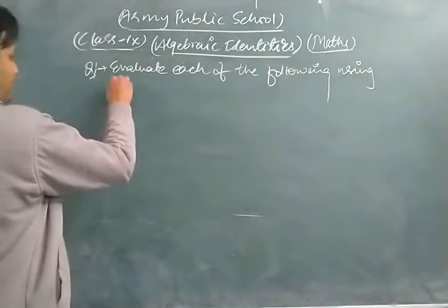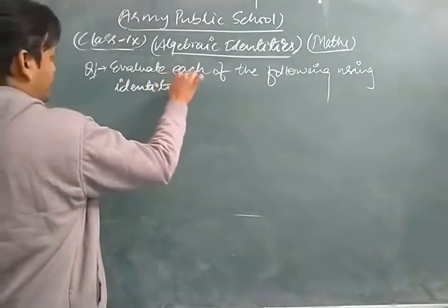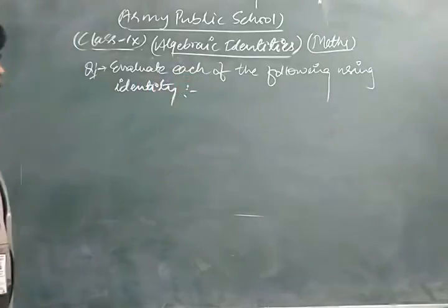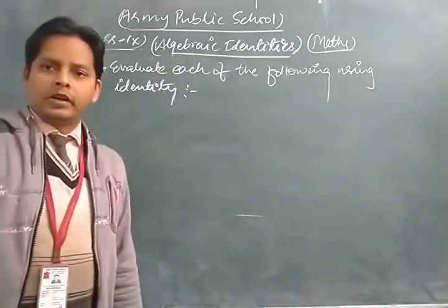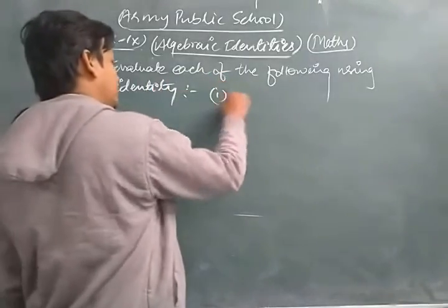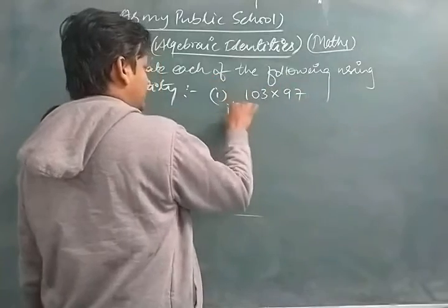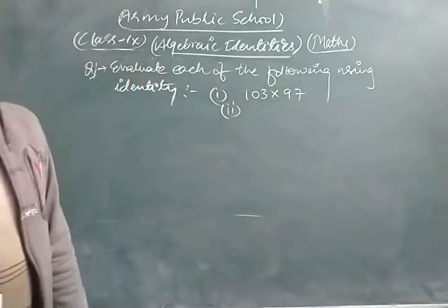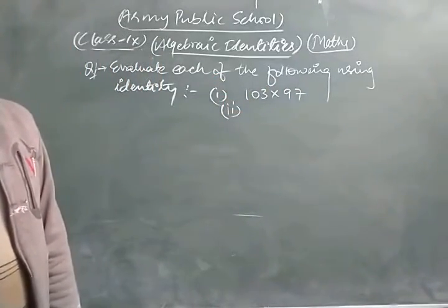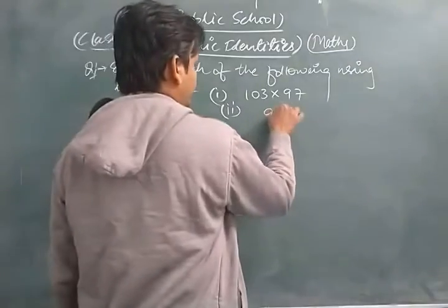And the first part of this question is 103 into 97, and the second one is 97 whole square.